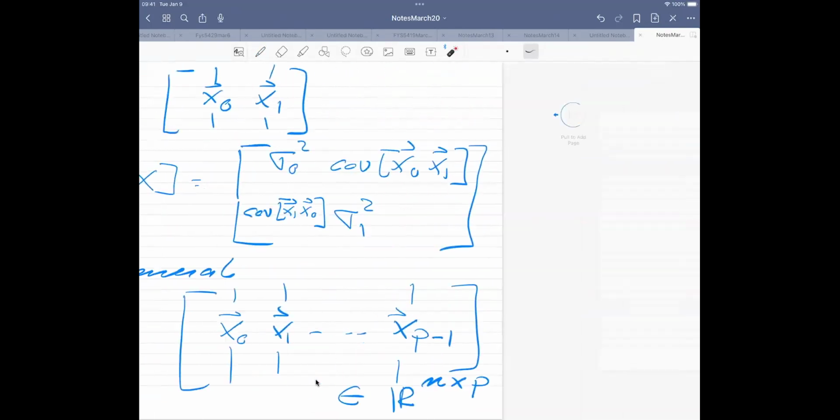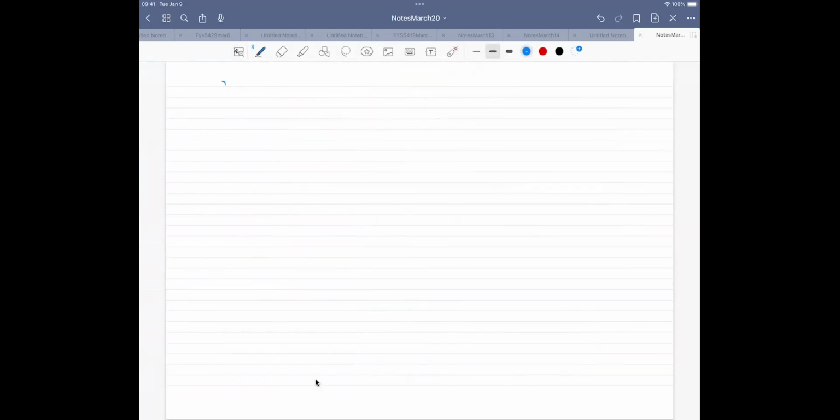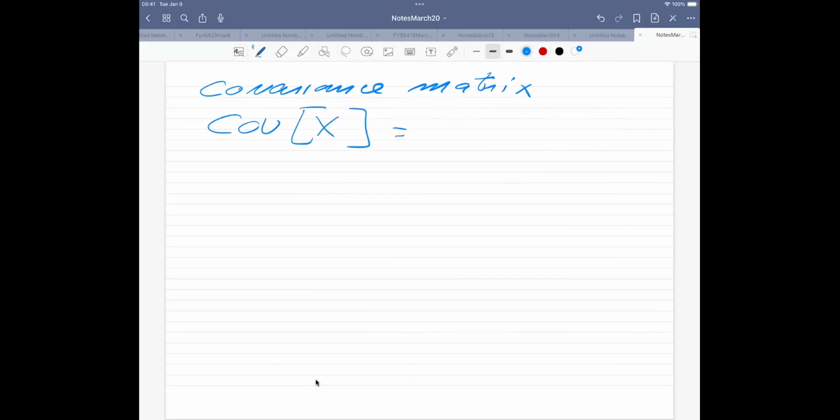But when you see the covariance matrix in general, which we call covar of X, this is now given by 1 over n, and now these are matrices. So this is X times X transpose times X. And that means that this object has a dimensionality of P times P. So these are the features of the problem.